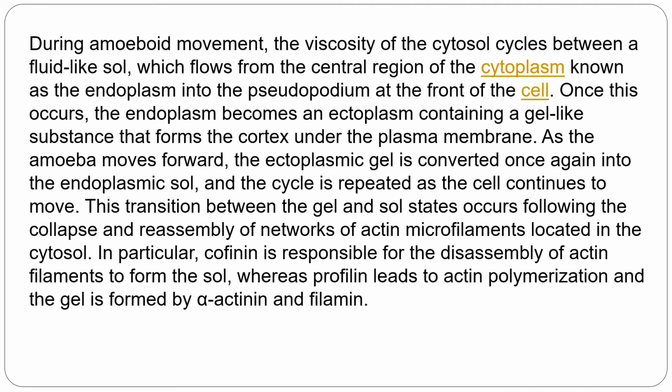During amoeboid movement, the viscosity of the cytosol cycles between a fluid-like sol, which flows from the central region of the cytoplasm, known as the endoplasm, into the pseudopodium at the front of the cell. Once this occurs, the endoplasm becomes ectoplasm, a gel-like substance that forms the cortex under the plasma membrane.